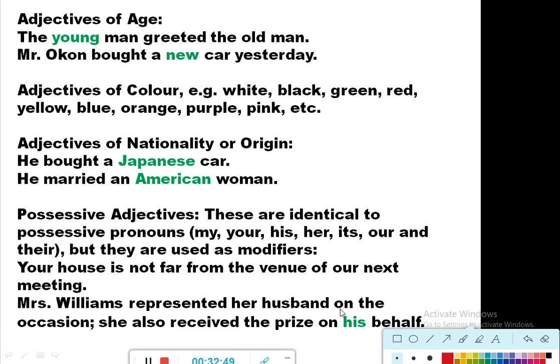Mrs. Williams represented her husband on the occasion. She also received the prize on his behalf. On his behalf. Alright? So those are possessive adjectives. Adjectives that indicate possession.